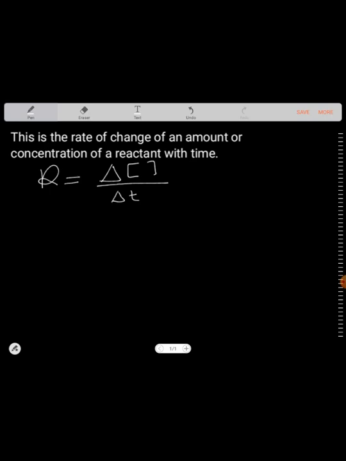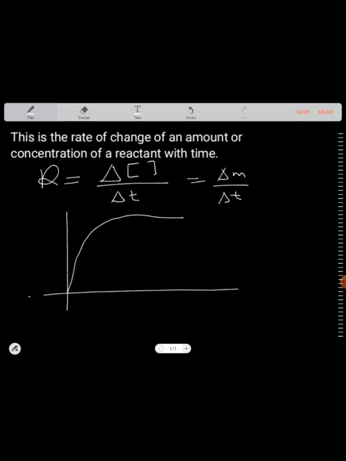So this rate can be, for example, the change in mass over the change in time. Let me just give an example. This is a curve, and the rate of this reaction is going like this. This is time, and this is mass.